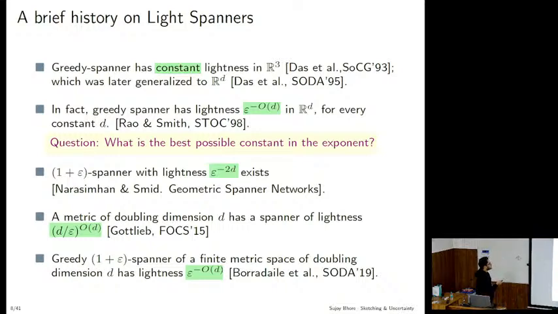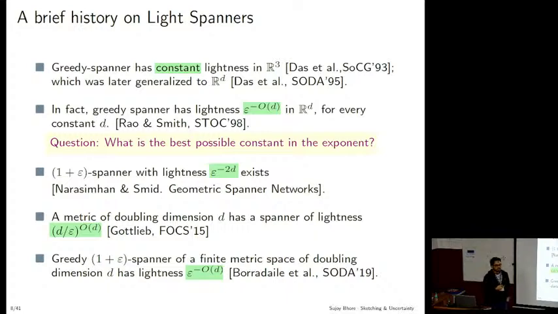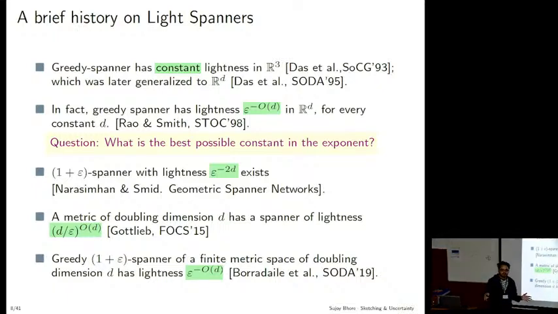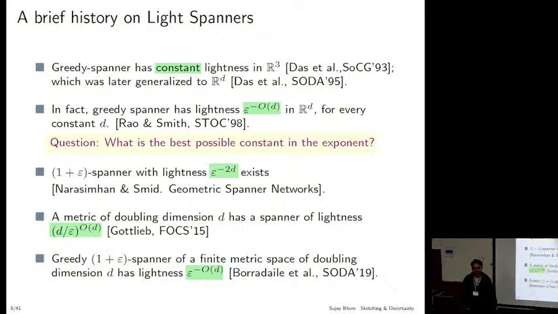So the question Rao and Smith asked in STOC 98 was, what is the best possible constant in the exponent? The greedy spanner is just: you sort all the edges, and then you go through them and check whether you already have a 1 plus epsilon path between this pair or not. If you do, you don't take the edge; otherwise you take it. That's all.